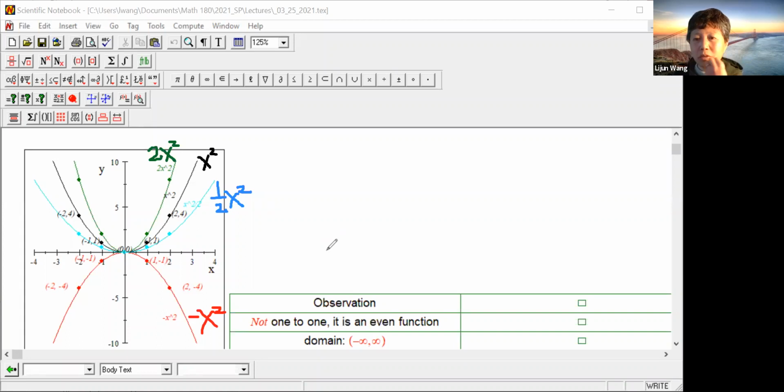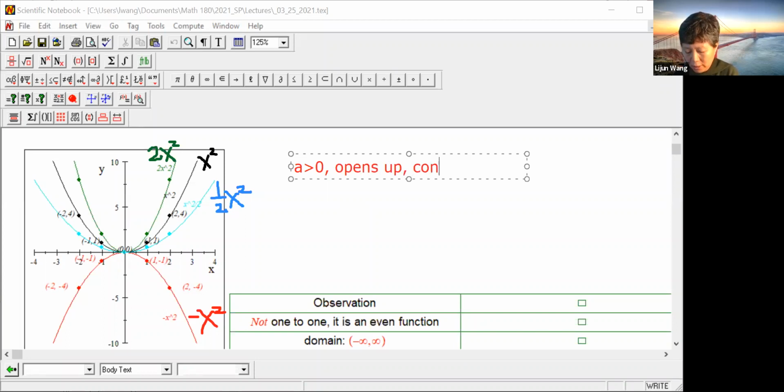So how about in terms of opening? Remember we talked about the general form, right? A times x squared plus bx plus c. It seems that all of these that open up have something in common, isn't it? All of these open up when A is positive.